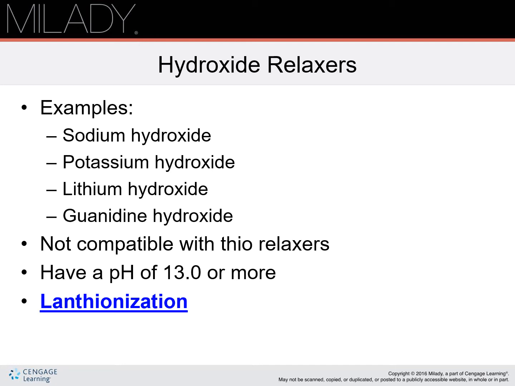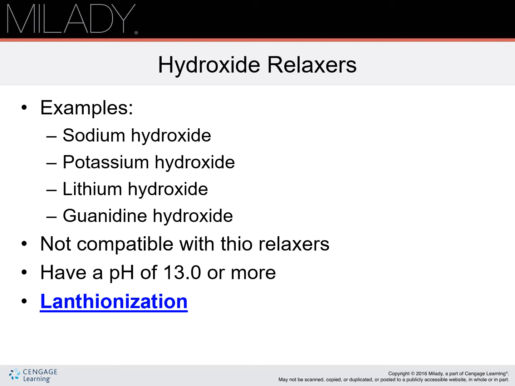Next up is hydroxide relaxers. The hydroxide ion is the active ingredient in all hydroxide relaxers. Hydroxide relaxers include very strong alkalis with a pH over 13. This includes sodium hydroxide, potassium hydroxide, lithium hydroxide, and guanidine hydroxide.